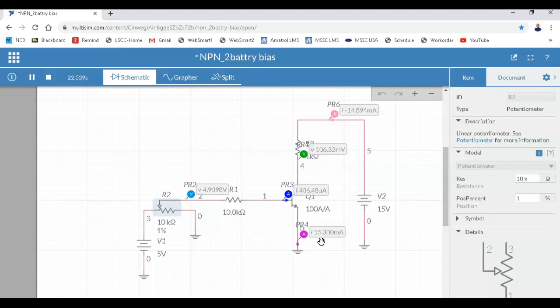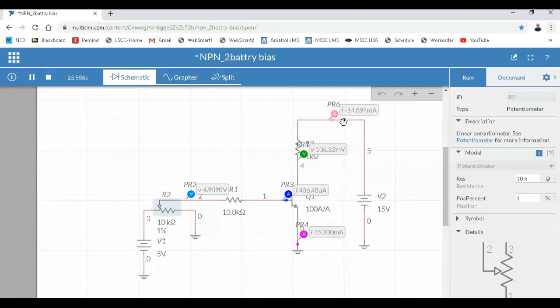So what's the difference? Why aren't this current and this current the same? If I've got 15.3 milliamps right here, why don't I have 15.3 milliamps right there?